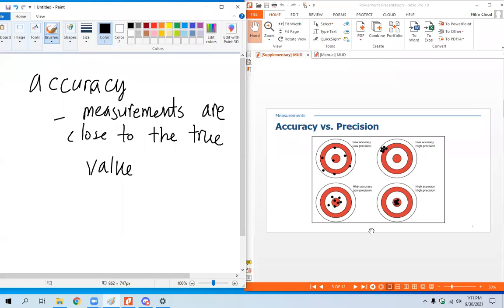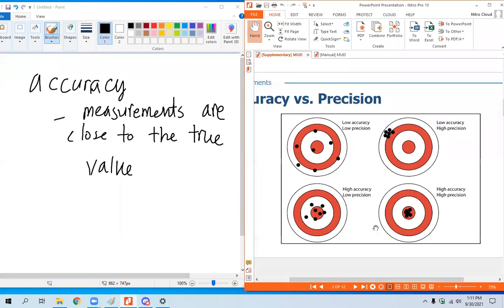So for example here, dito sa slides, the example is of a archery target board. So you can have cases where you have low accuracy, low precision, which means that all of your measurement trials are all over the place.